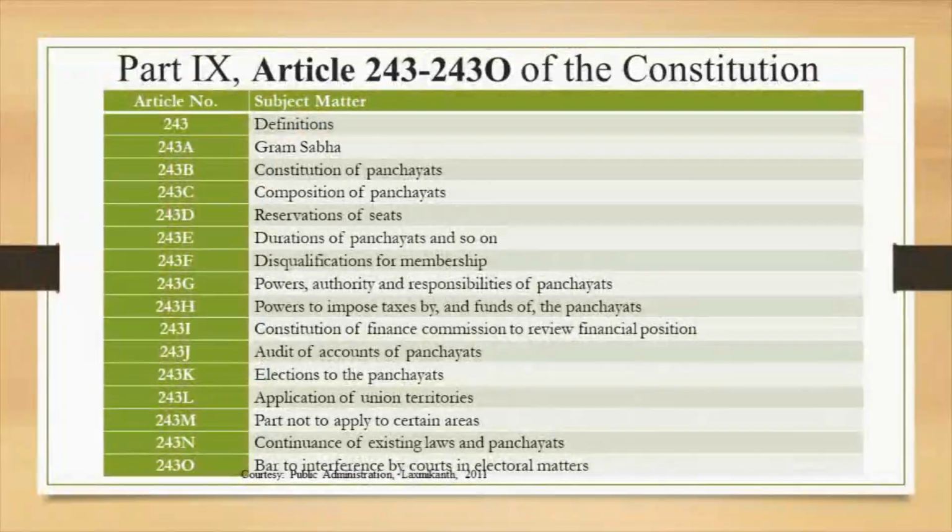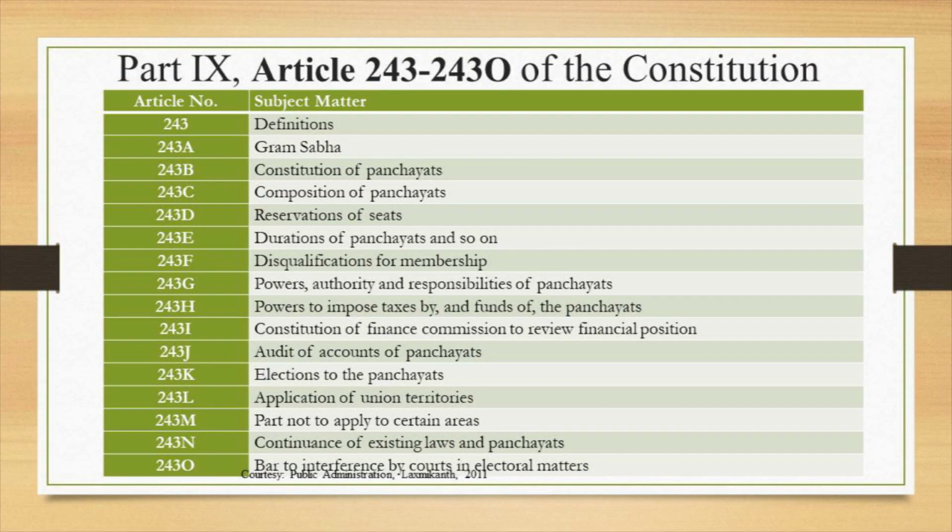Article 243N deals with the continuance of existing laws and panchayats. So, any provision of any law relating to panchayats shall continue to be in force until amended or repealed by a competent legislature or other competent authority, or until the expiration of 1 year from such commencement, whichever is earlier. Article 243O deals with the bar to interference by courts in electoral matters.